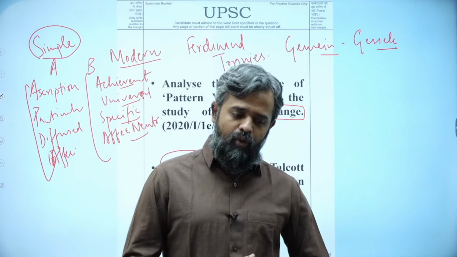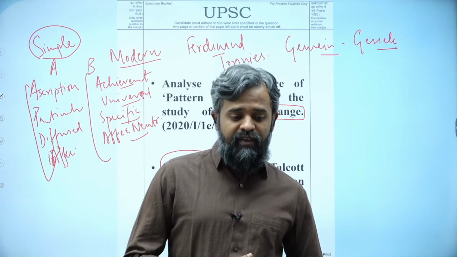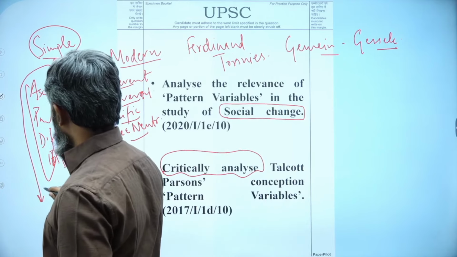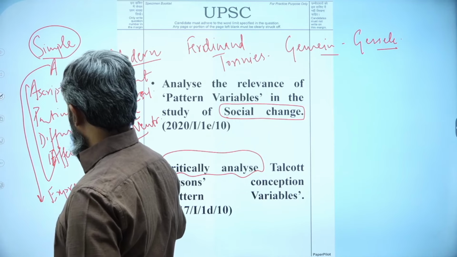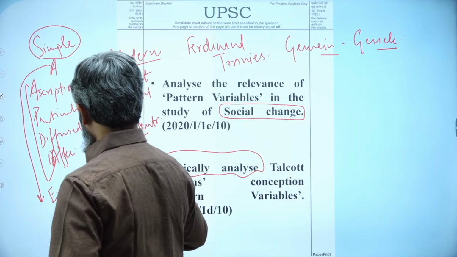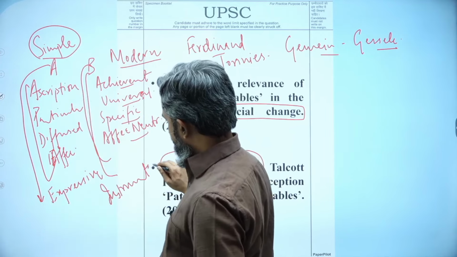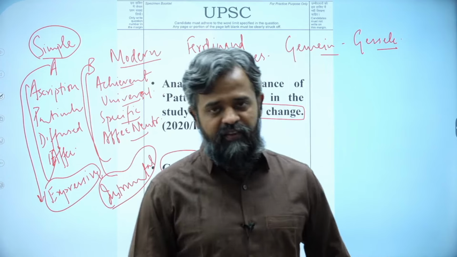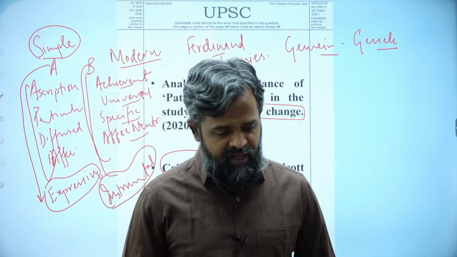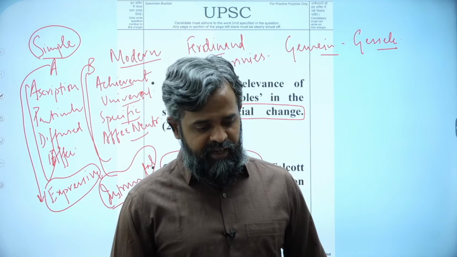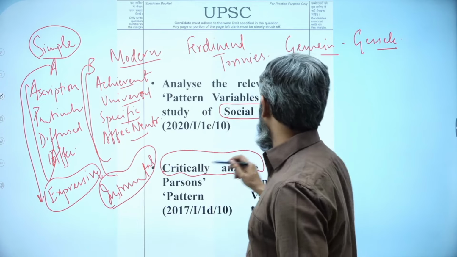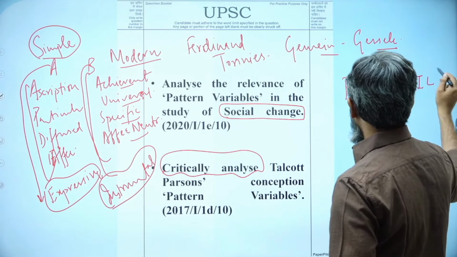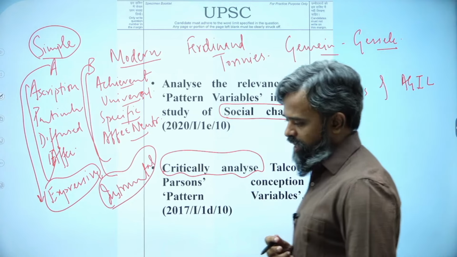And Parsons also regards, this is important to remember, the first half of each pair as expressive. So this A is expressive, whereas this B is instrumental. Expressive and instrumental. So he considers the first set as expressive and the second as instrumental. He also draws a connection between pattern variables and AGIL: integration, adaptation.